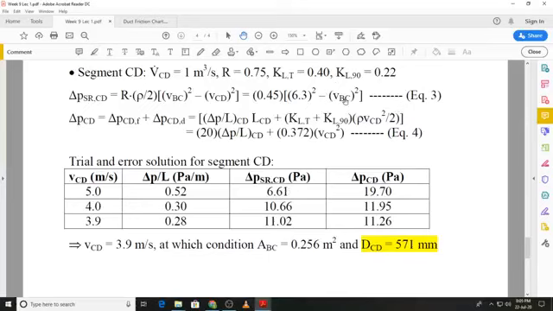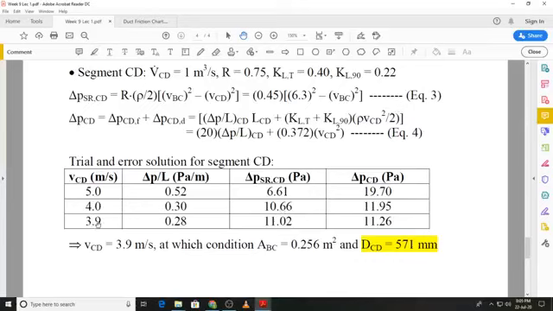That means I have to reduce the velocity appreciably, and I reduced it to 4 meters per second. When I reduced it to 4 meters per second, the two values are close enough, and I can just reduce the value slightly, because I still want to increase the value of static regain, but by a small amount.